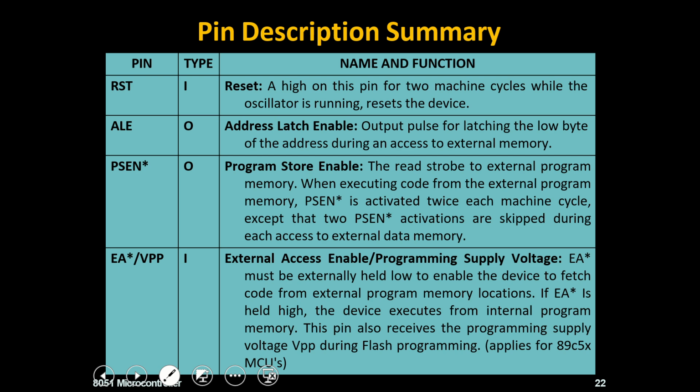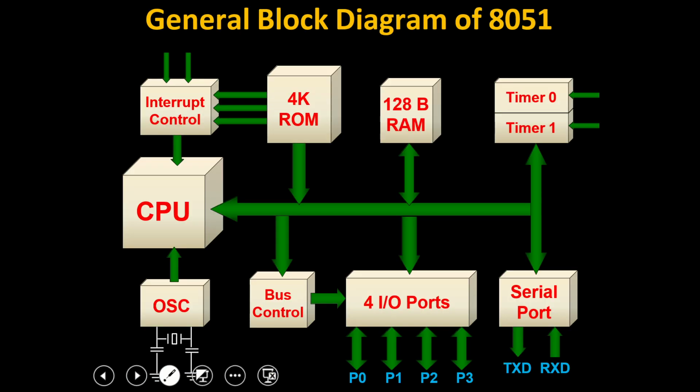Reset pin: when the reset pin is high for 2 machine cycles, it resets all the activities of the device. ALE, address latch enable, is used for demultiplexing the address and the data of the memory device. Program store enable is used to connect the code and data memory signals. External access enables the external memory devices to interconnect with the 8051.